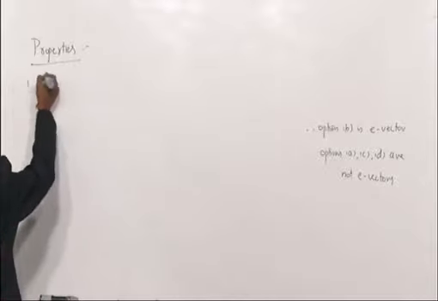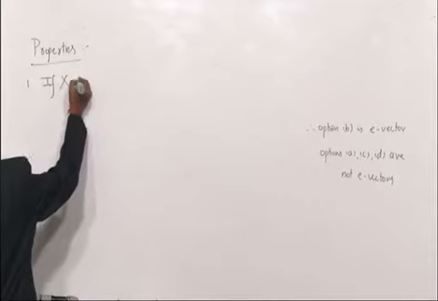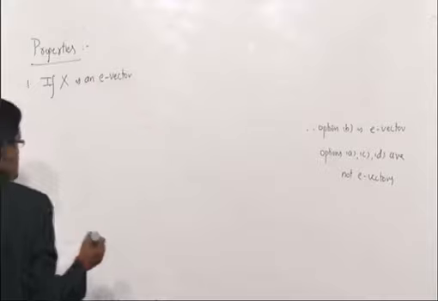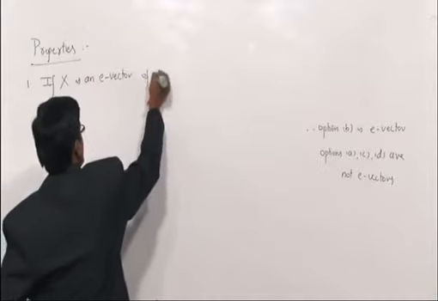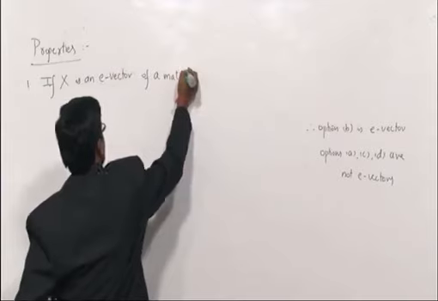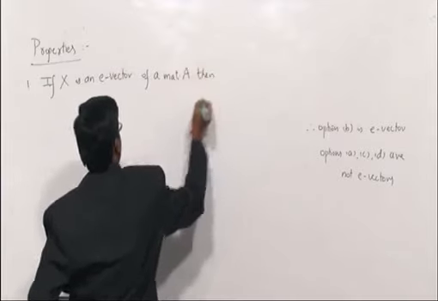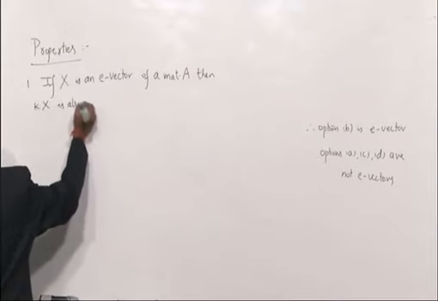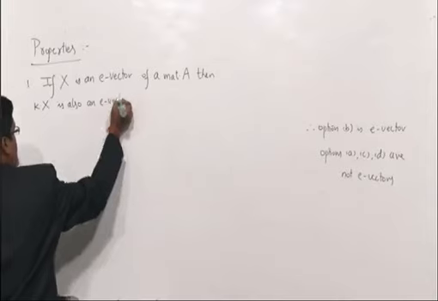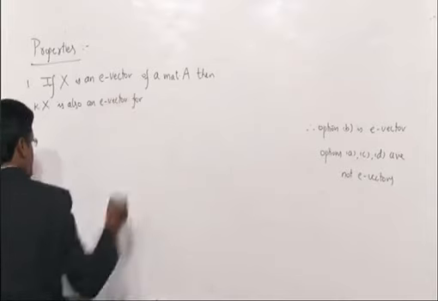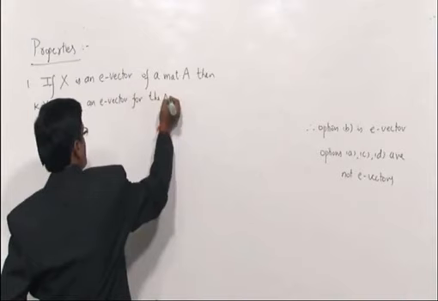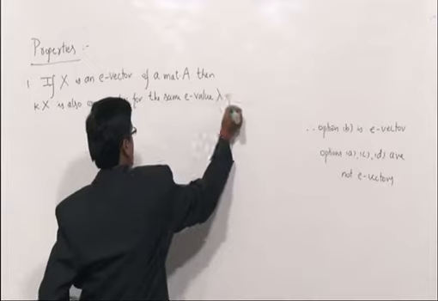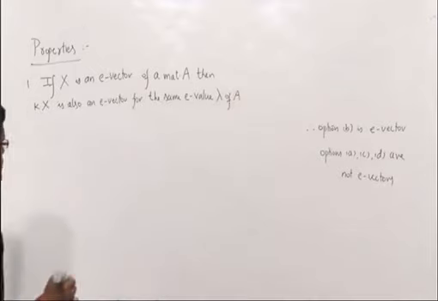First one, if X is an eigenvector of a matrix A, then K into X is also an eigenvector for the same eigenvalue lambda of A, for the corresponding eigenvalue.